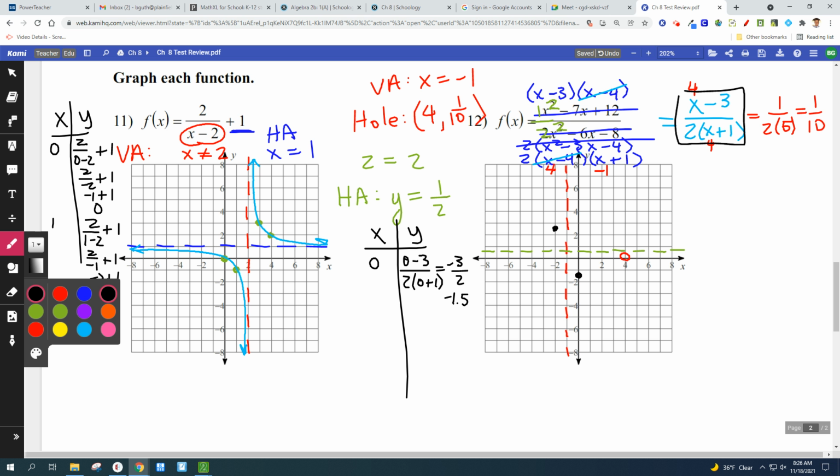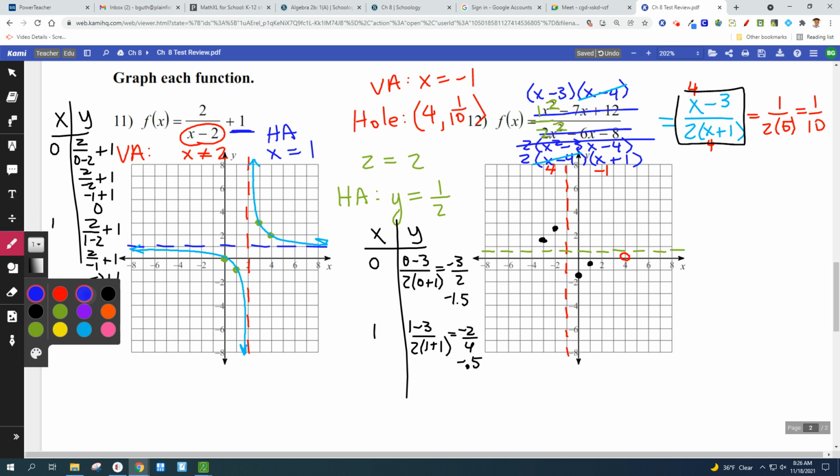That's a symmetric point. So maybe we try positive 1 and plug that in. 1 minus 3 over 2 times 1 plus 1. That's going to be negative 2 over 2 times 2 is 4. Negative 2/4, that's negative 1/2 or negative 0.5. 1 comma negative 0.5 is right there. You could go over 2 and up 1, over 2 and up 1 puts me right there for symmetry.